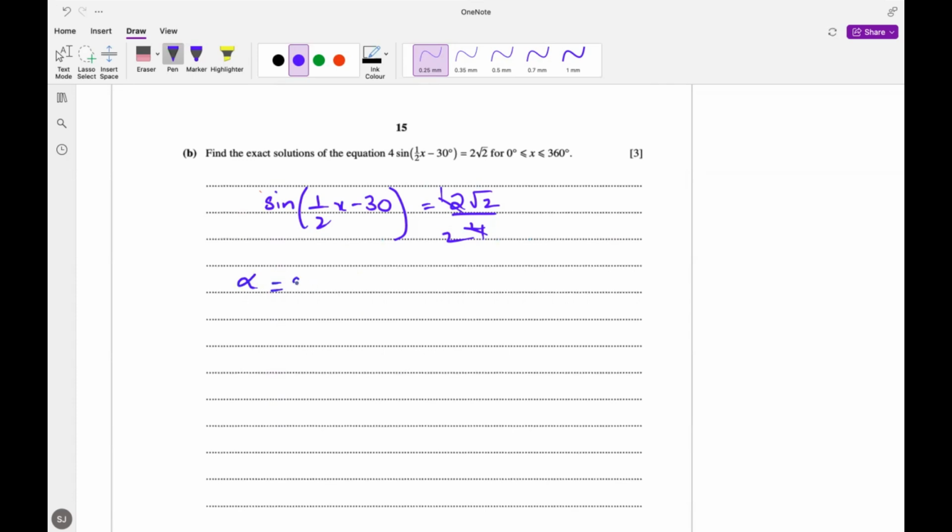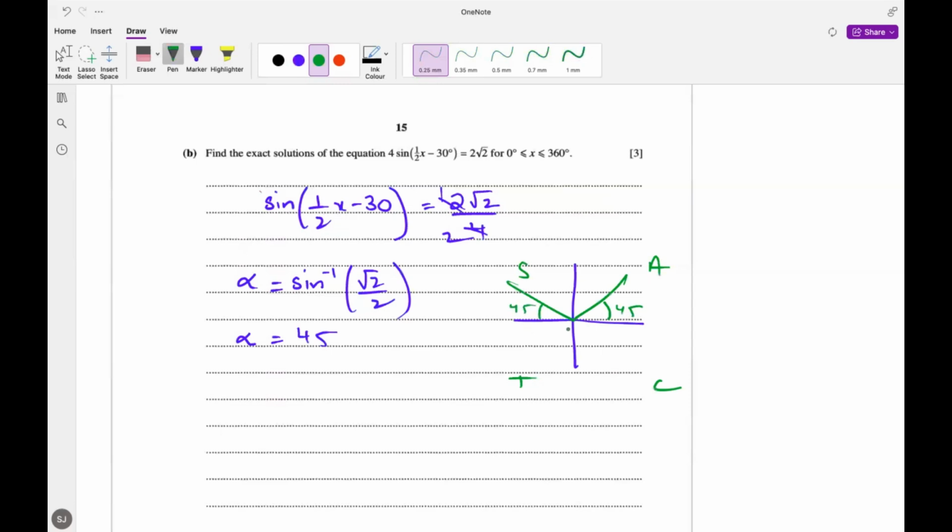If we substitute this in the calculator, the basic angle will be equal to 45. Now, as it is positive, we can assume that we'll take sine in the positive quadrants. So this angle will be 45 up here, and we can make a 45 here and here as well.